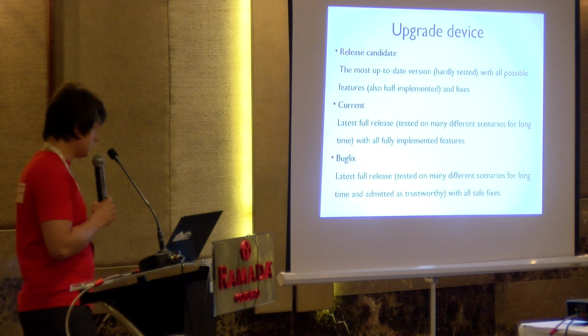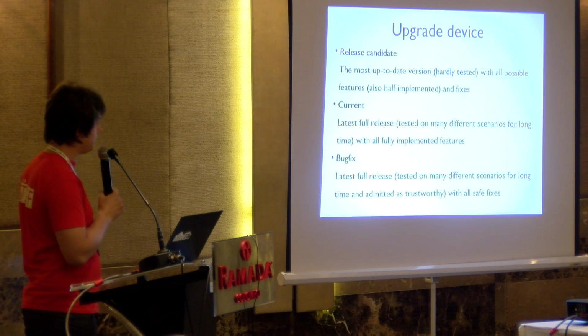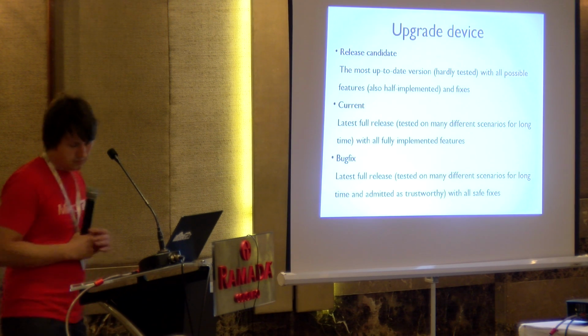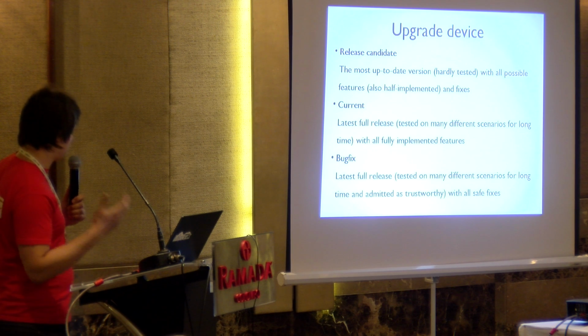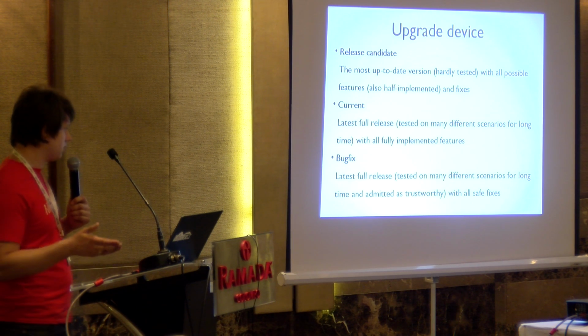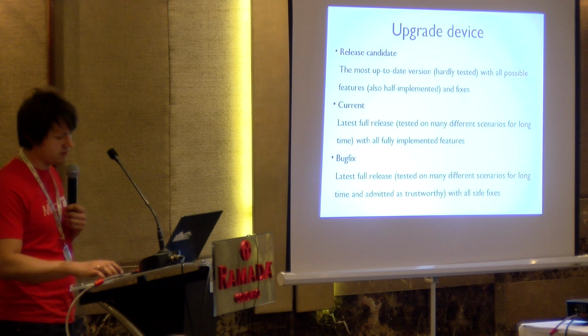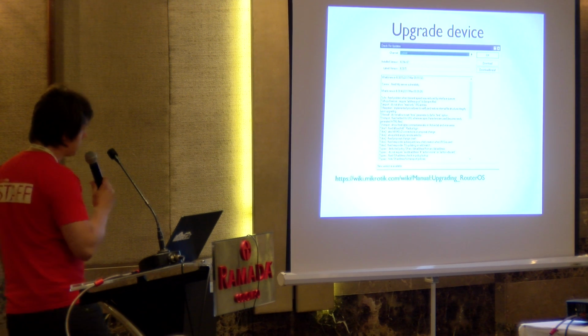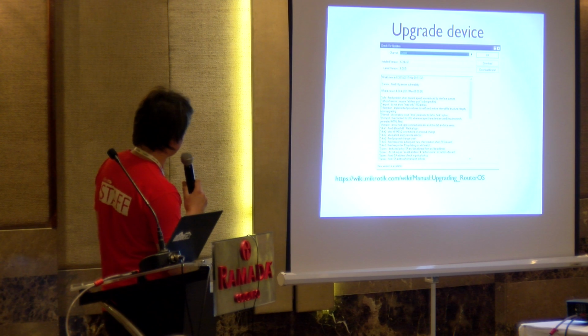This version is tested for a really long time, so if you want the most trustworthy version, you have to choose the bug fix. And the RouterOS upgrade is made with just one click.